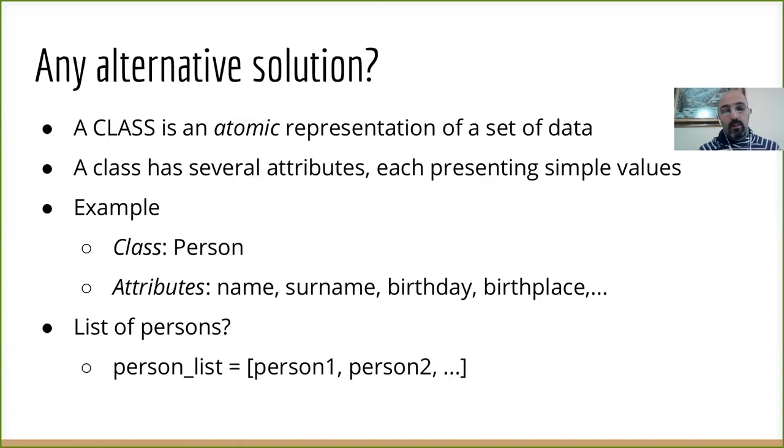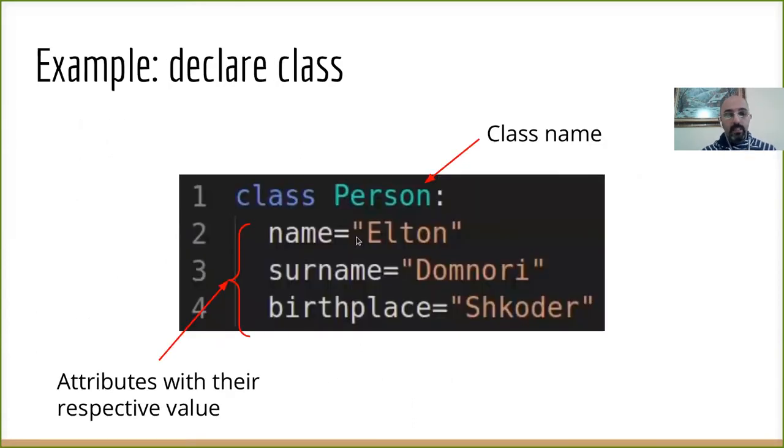So we might build different classes, one for each person, where each of these classes with their respective attributes has the values characterizing a specific person. How do we declare a class?